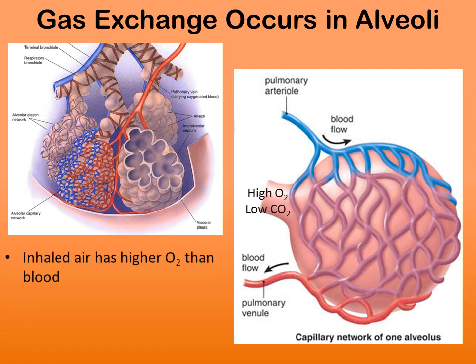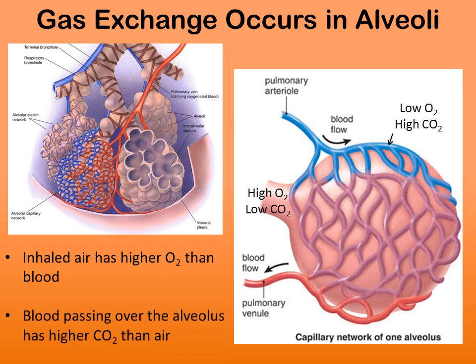And remember that the inhaled air that's filling the alveolar sac in here has a relatively higher oxygen concentration than the blood that's going to be pumped across it. Recall that the blood here is from the body and has dumped off all of its oxygen and picked up a whole bunch of carbon dioxide. So here we have low O2 and high CO2 in the bloodstream.